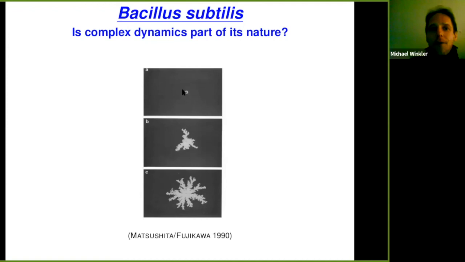Again, we see the bacteria more or less radially distributed in the beginning. They form very complex snowflake-like structures when they walk around and eat. This is all they do. So they walk around and eat, and by the way, they form snowflake-like structures. And this is a question, of course, which is good for mathematics. How does this structure enter the game?